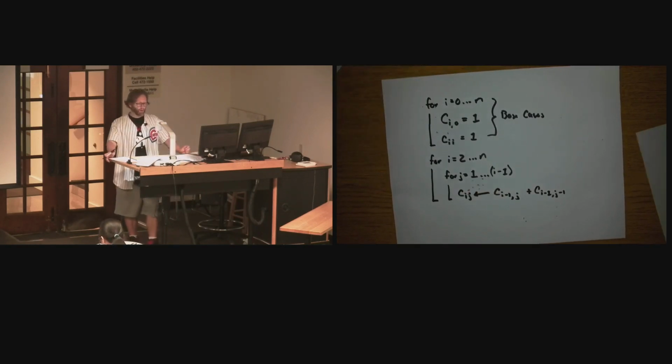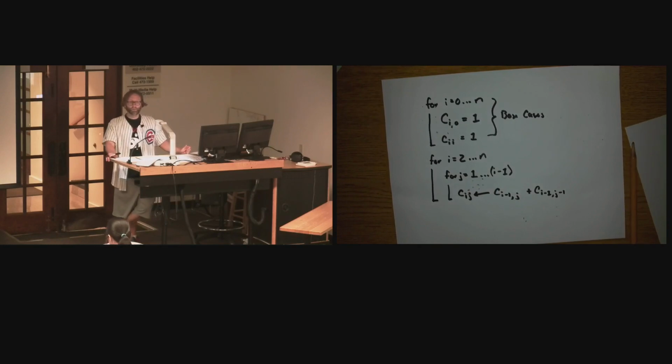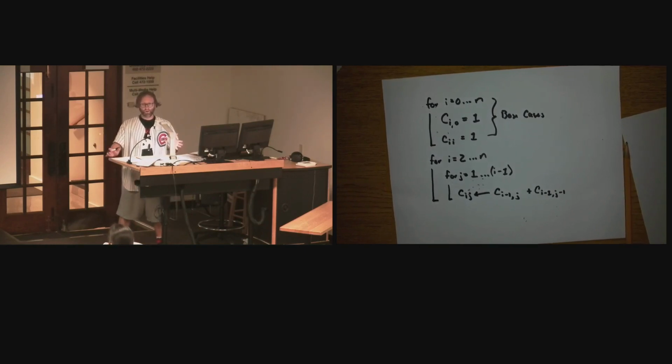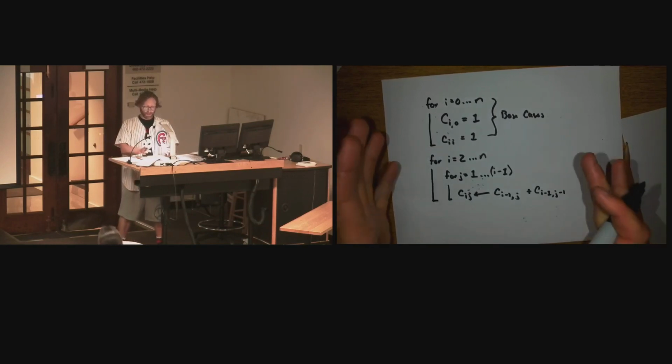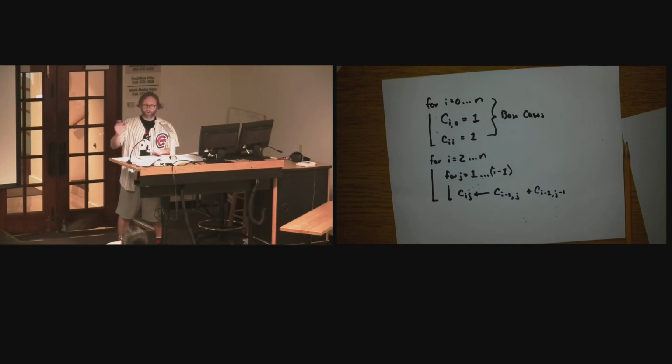Do you see any recursion at all? Nope. I'm just filling out a table. All I need to do is identify the recursion, identify the table, and the order in which I fill it out.